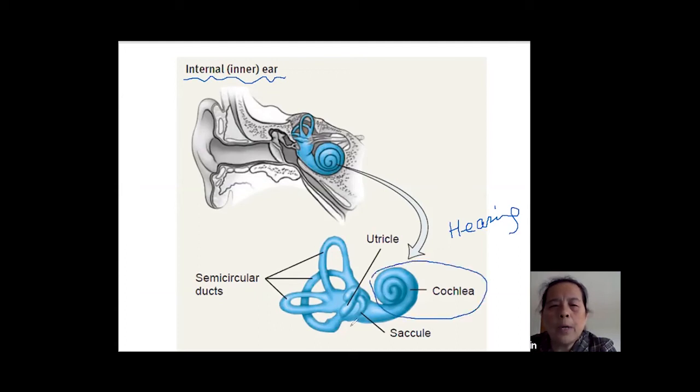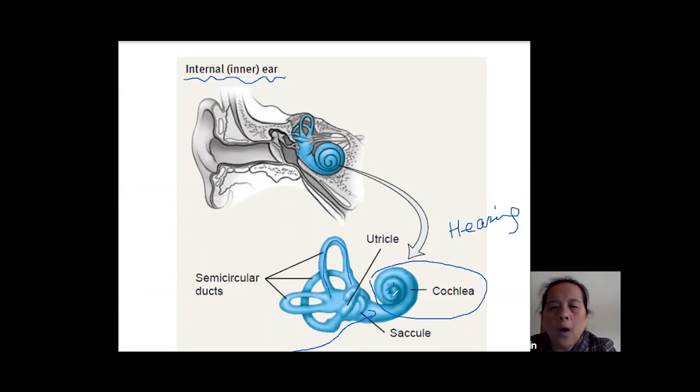So we say vibration transmissions come from the outer ear, then the middle ear, then go to the inner ear. And we have some special kinds of cells in the cochlear area, and some liquid circulation in the cochlear area. And also the liquid goes to the semicircular duct area.